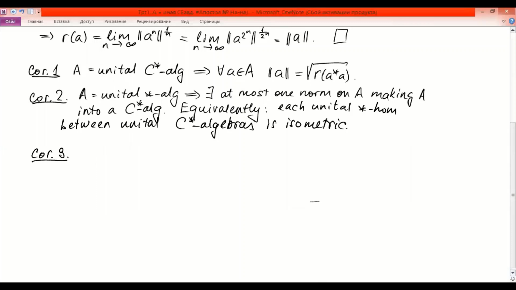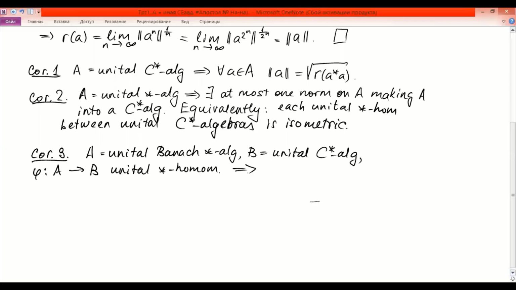Suppose that A is a unital Banach star algebra, and suppose that B is a unital C-star algebra, and suppose that phi is a unital star homomorphism from A to B. I claim that phi is continuous automatically, and that the norm of phi is less than or equal to 1.